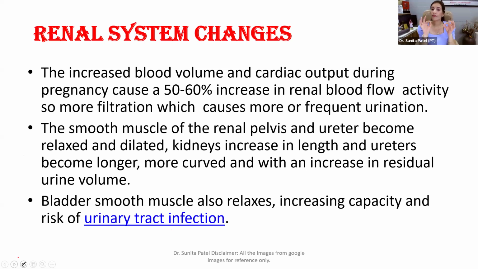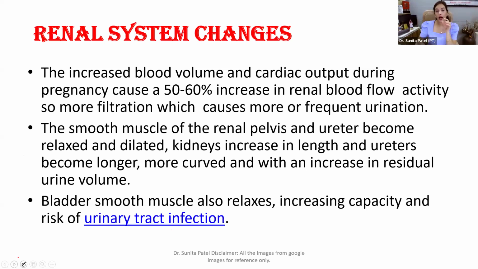The increased blood volume and cardiac output during pregnancy cause a 50 to 60% increase in renal blood flow. And the kidneys have to do more filtration, double filtration, from both mother and baby. So due to that, there will be more production of urine.